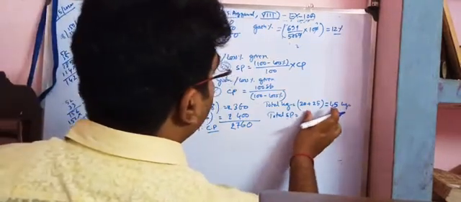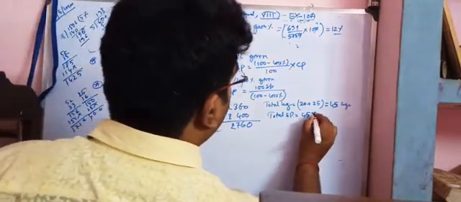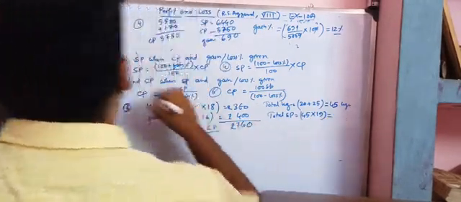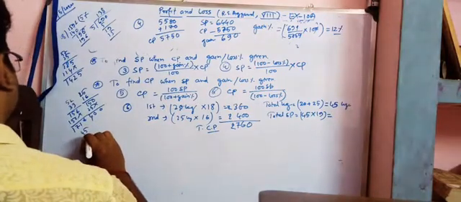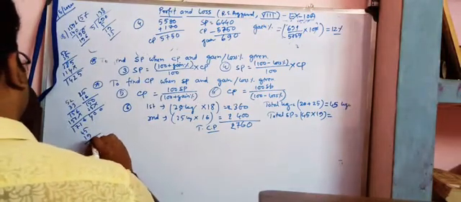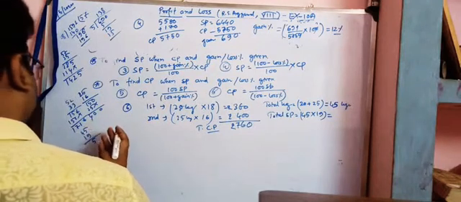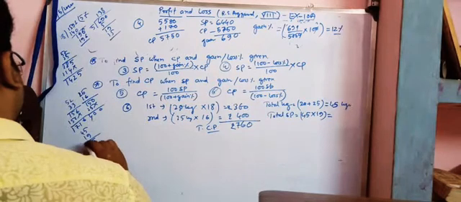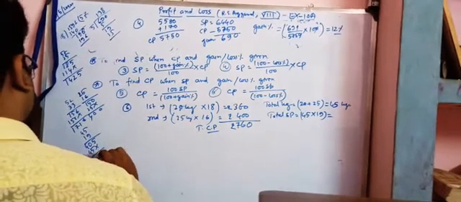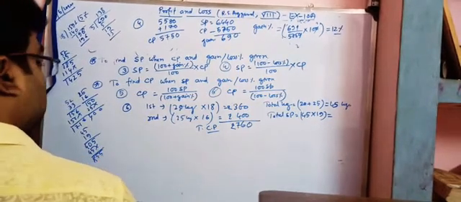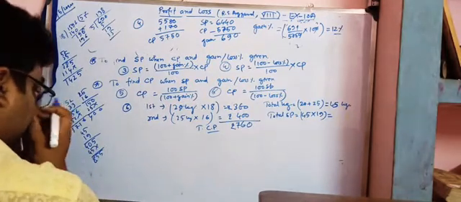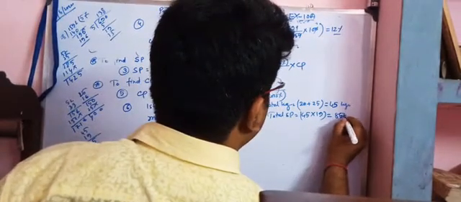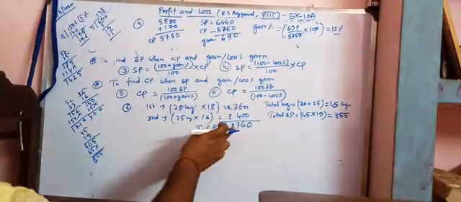Total SP should be 45 multiplied by 19, rupees 855. So that is my SP and CP is 760.